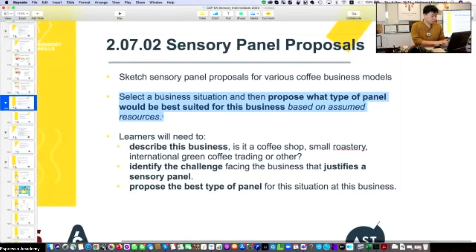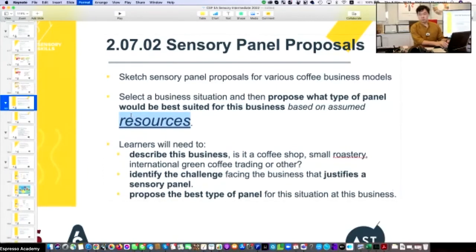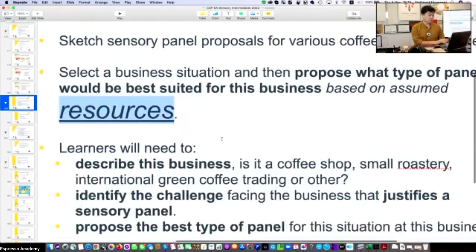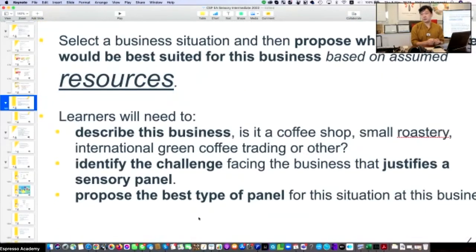The point is, you need to find the purpose for what type of panel is best for your business, suitable for your business, because there is one that is about resources. Do you have the budget to train people? Do you have the budget to train everybody?